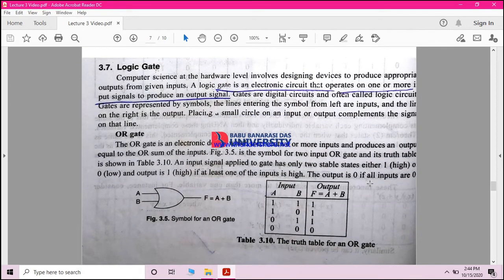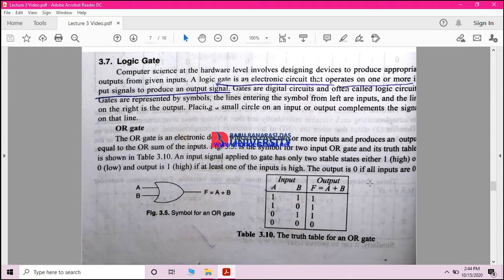Now let's start the logic gates. So what are logic gates and why are they called logic gates? In computer science, the hardware level involves designing devices to produce appropriate output from the given input. A logic gate is an electronic circuit that operates on one or more input signals to provide an output signal.